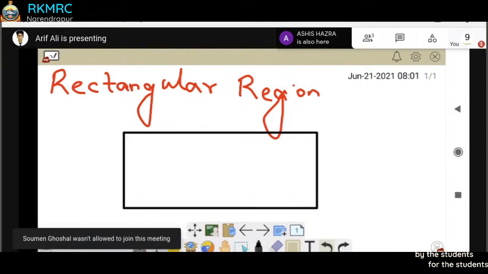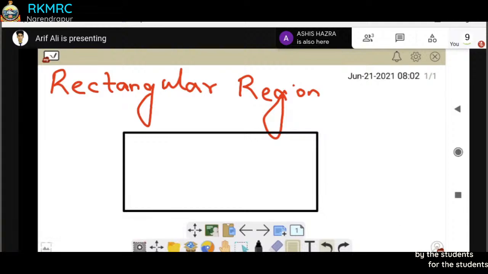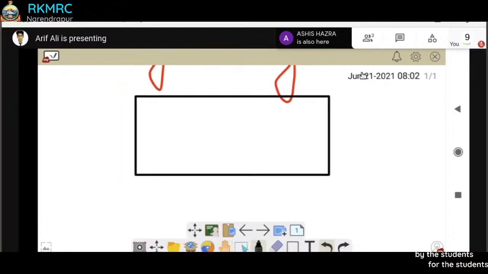Suppose this is your rectangle. You can see this is your rectangle. This is your length, breadth. So this is your length, both equal side.